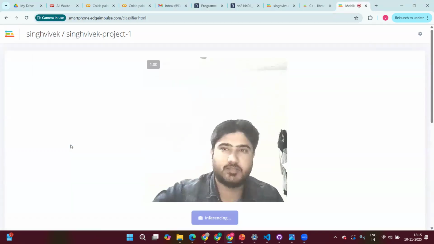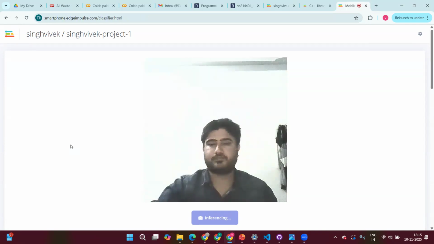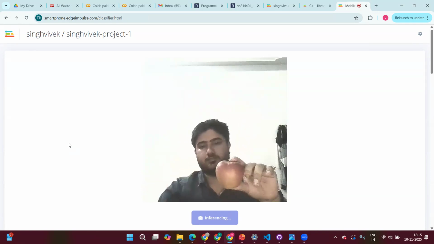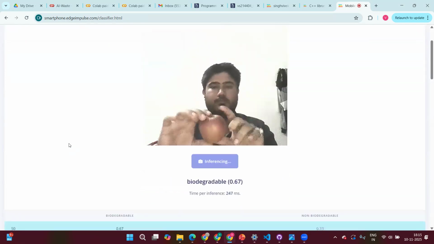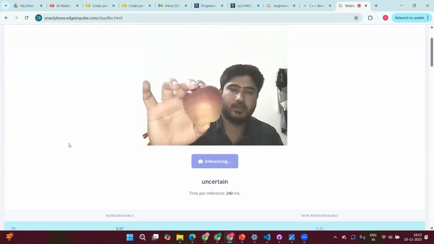So let's try to predict some biodegradable as well as non-biodegradable objects. So yeah, it's classifying this apple as biodegradable, which is correct.